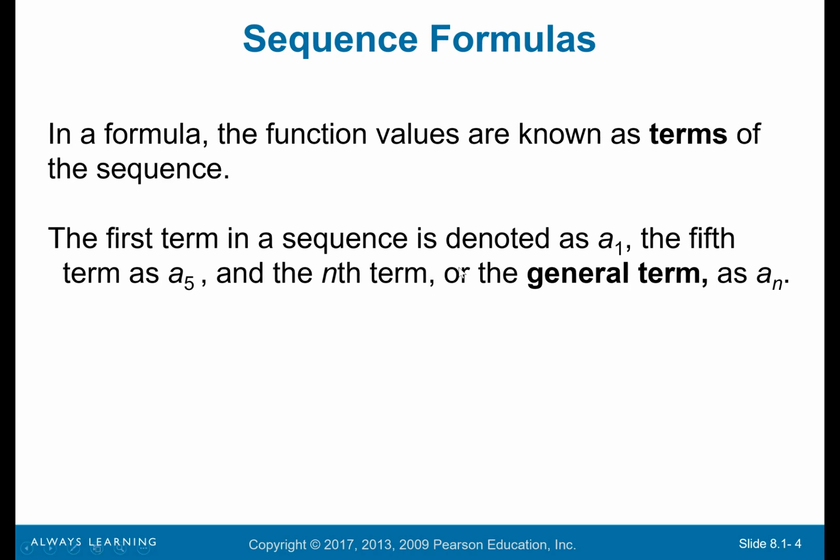Second term, x would be 2, so on and so forth. But we don't usually use x in sequences. We use n. So the nth term just means which term. So the first term in a sequence is denoted as a sub 1. The fifth term would be a sub 5. And the nth term, or the general term, a sub n.